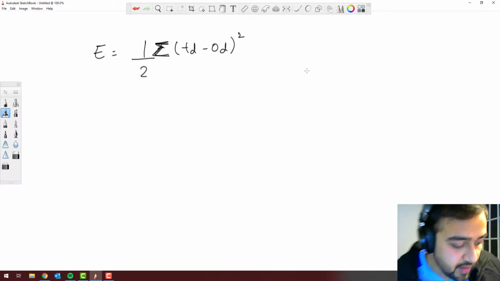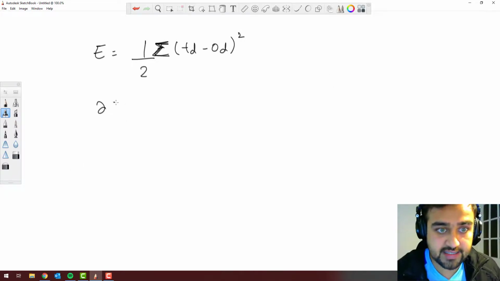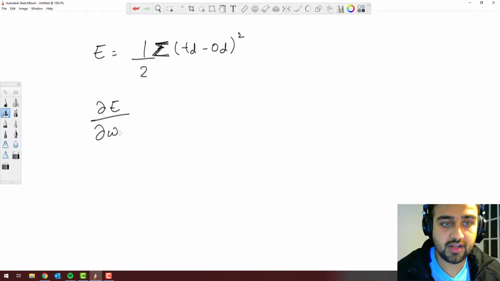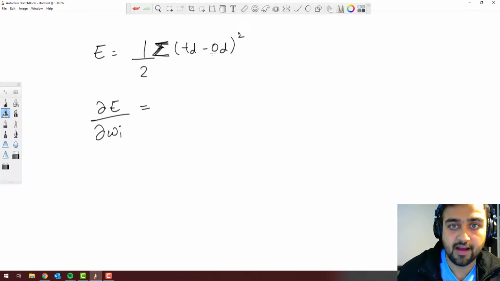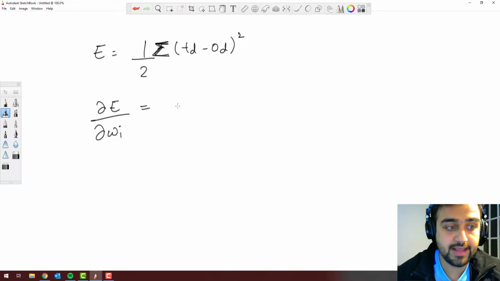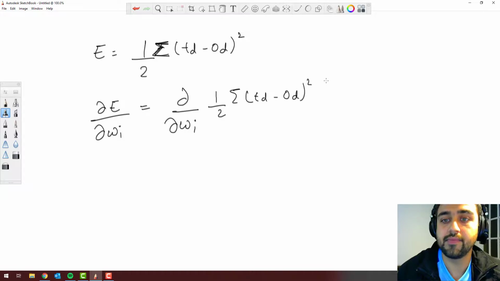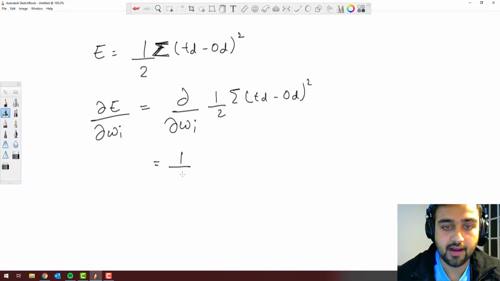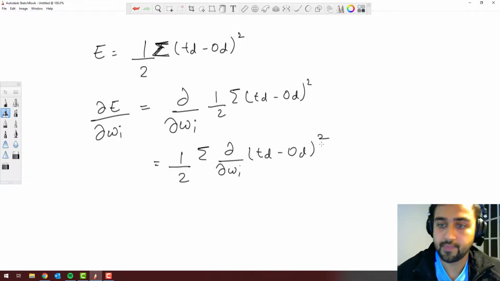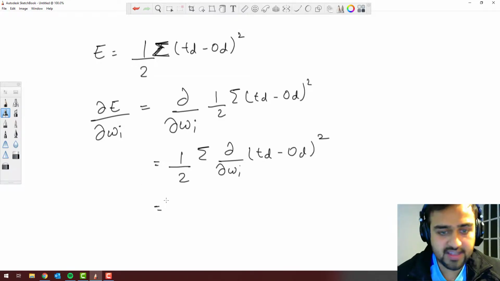So we need to differentiate this error with respect to the wi's that are present in order to update our weights. What we get is d by dwi of half sigma (td minus od) squared. We are just following the same steps that we did earlier.